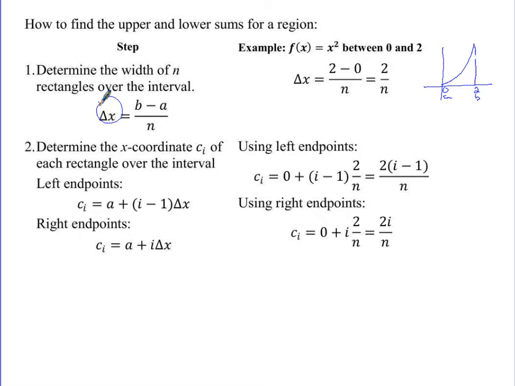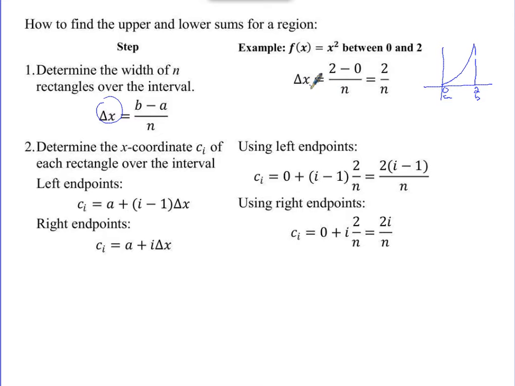The change in x is the width for each rectangle. So if I have an x value of 0 and my width is 0.5, then the change in x from one rectangle to the next would be 0.5. And then from one rectangle to the next would be another 0.5. One rectangle to the next would be another 0.5. Okay? So that's why I'm calling it delta x equals b minus a over n.